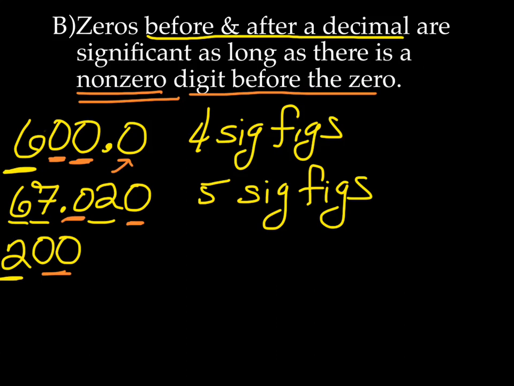I do realize that normally, if there's no decimal written, there's a decimal implied at the end of the number. And while that's true, when we're talking about significant figures, the only decimals that matter are the ones that are written down. And being that there's no decimal written down, these zeros are not in front of a decimal. They're also not between two non-zero digits, which means they are not significant. This number only has 1 sig fig.